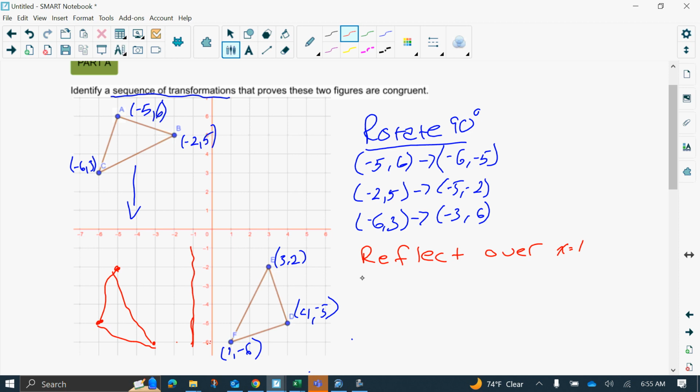And so I do these points, and I reflect it over x equals 1. So that's 2 times 1 minus 6.